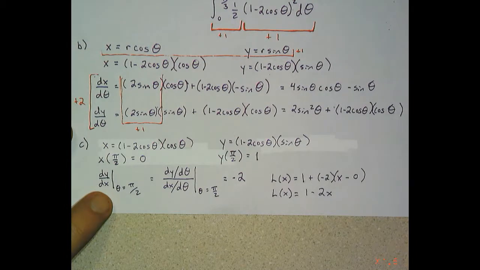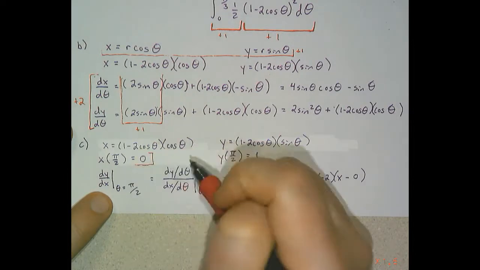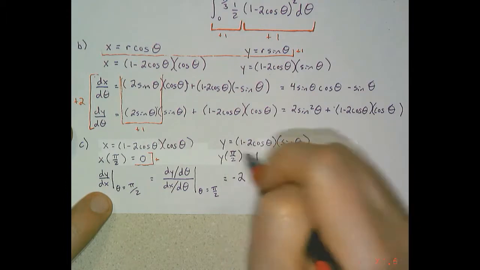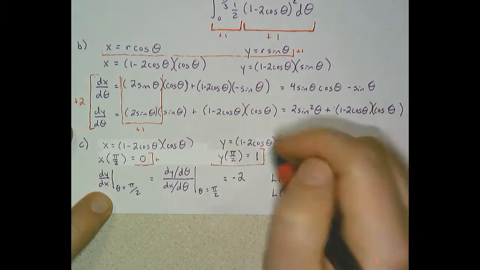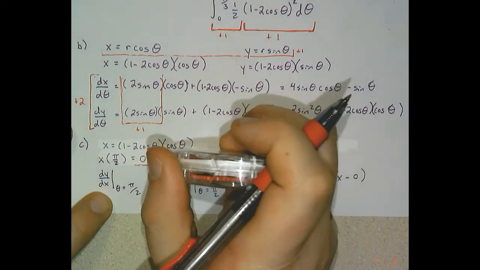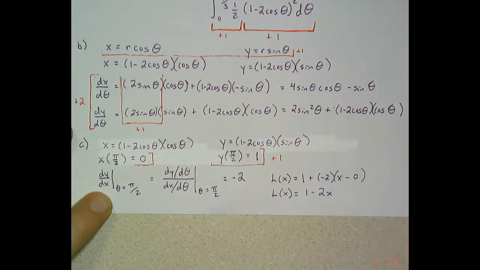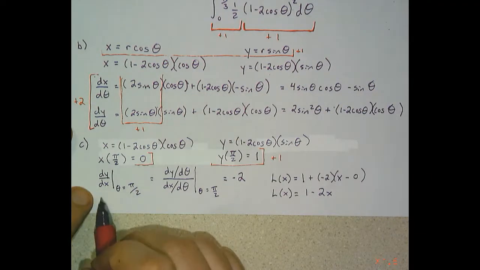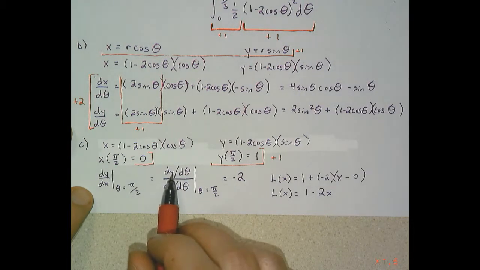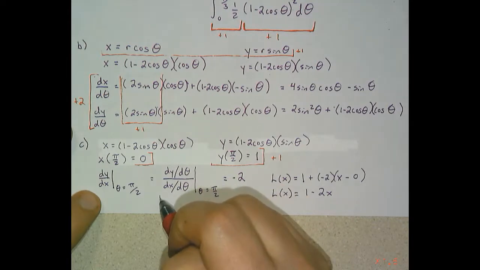Where do the points get scored? If you correctly found the value of the x coordinate and the y coordinate, that gets you the +1. So your xy coordinate pair, +1. The next point comes from having an expression for dy dx, being aware that dy dx is the derivative of y with respect to theta over the derivative of x with respect to theta.